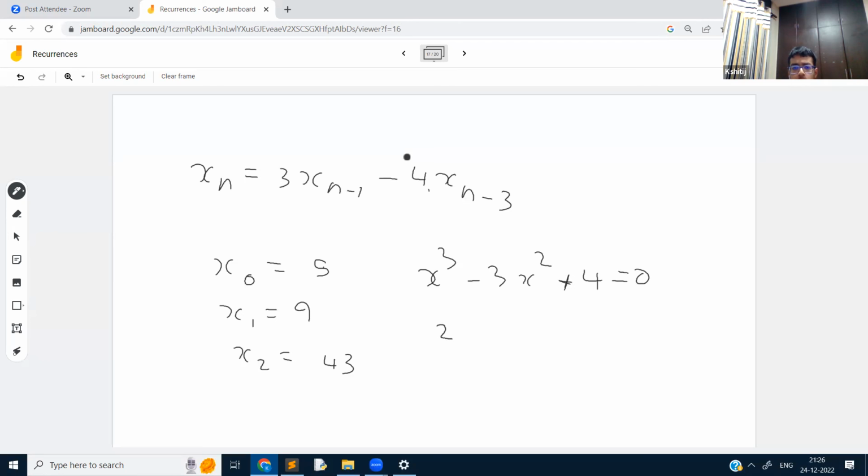So if we try 1, it doesn't work. If we try 2, this will come out to be 8 minus 12 plus 4, which is 0. So x minus 2 works. We can divide the expression by x minus 2. And there are more roots also. So now you can easily factor it and find the roots in the quadratic.